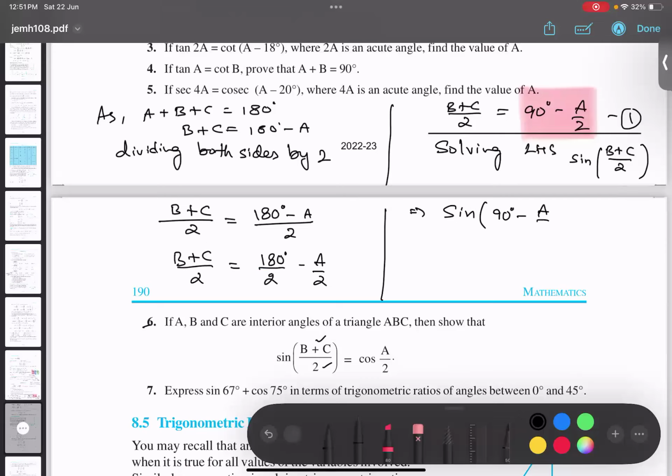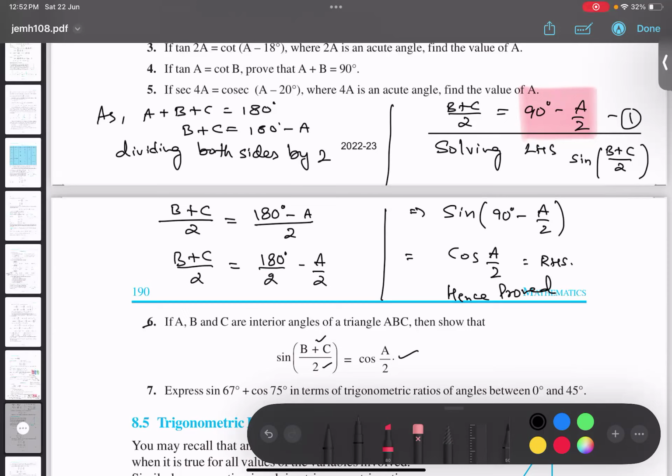What is the formula? Sine of 90 minus theta is cos theta. So cos A by 2 equals RHS. Hence proved.